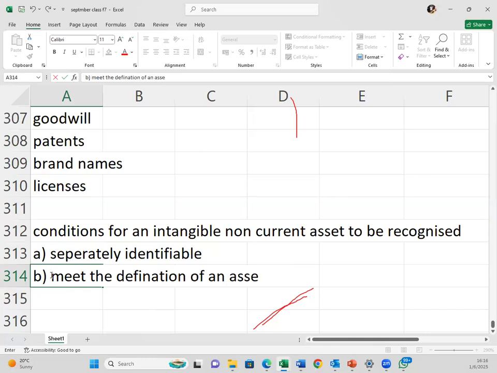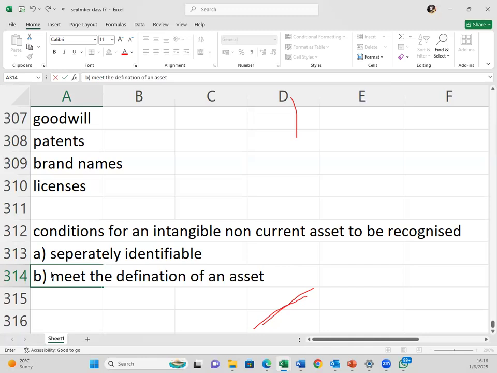Remember that definition of an asset from your F3, from your financial accounting. So an asset is an economic resource we have, which is capable of bringing economic benefits.